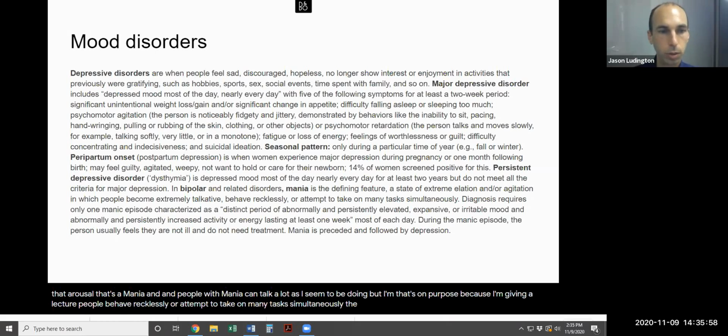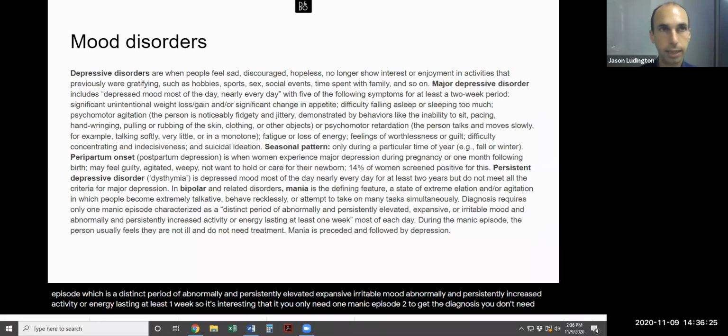The diagnosis requires only one episode of a manic episode, which is a distinct period of abnormally and persistently elevated, expansive, irritable mood, abnormally and persistently increased activity or energy lasting at least 1 week. So it's interesting that you only need one manic episode to get the diagnosis.